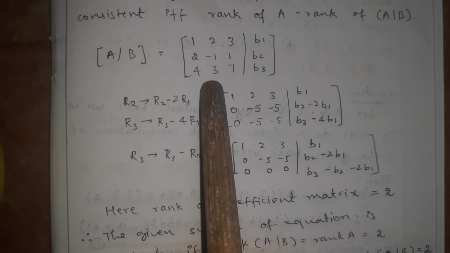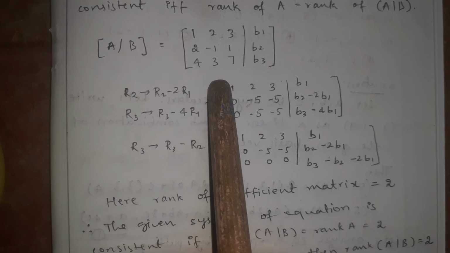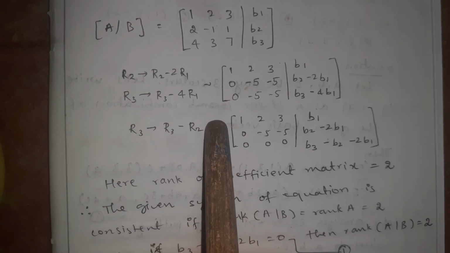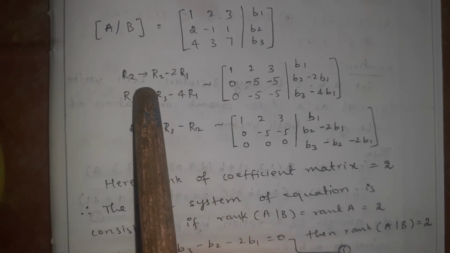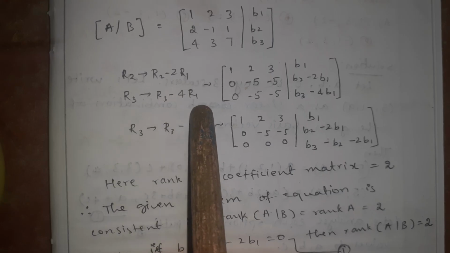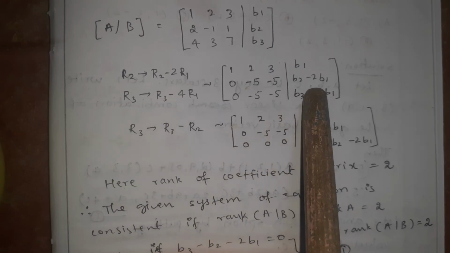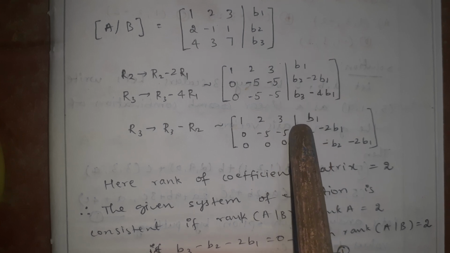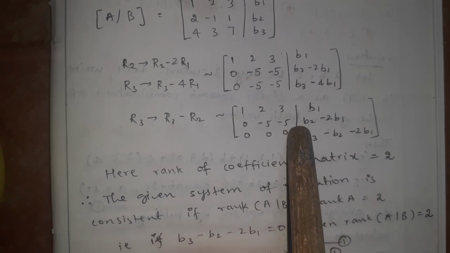Okay, so here we first evaluate the rank of the coefficient matrix by applying elementary row transformations. R2 changes to R2 minus 2R1, R3 changes to R3 minus 4R1. So I will get these changes. If you want, please pause the video and try the elementary row operations yourself.